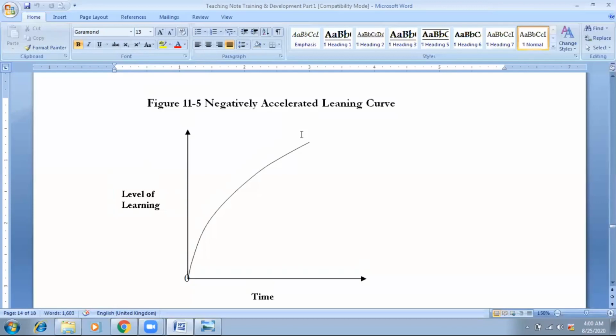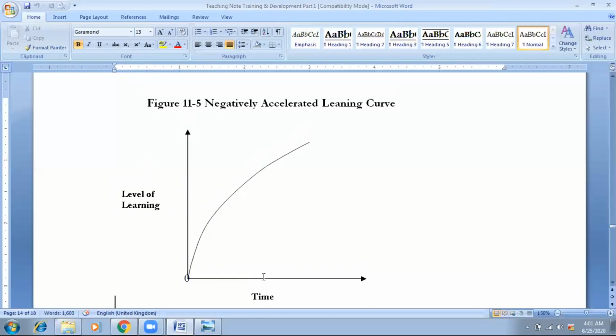Okay. Within the first hour, you can learn 50 concepts. Then within the second hour, you can learn 40 concepts. Within the third hour, you can learn 20 concepts. Then the fourth hour, 10 as well.